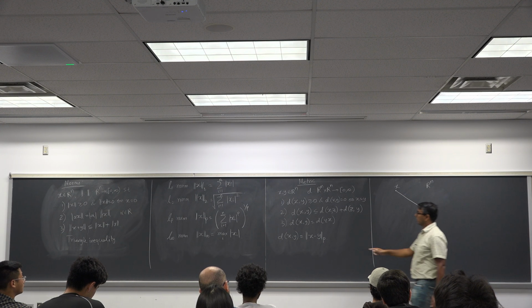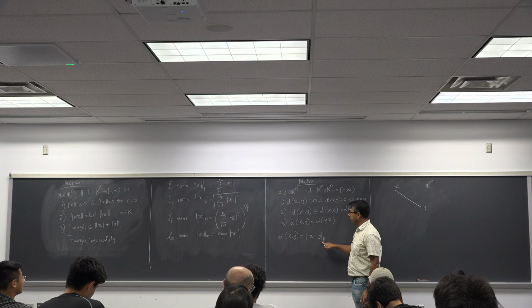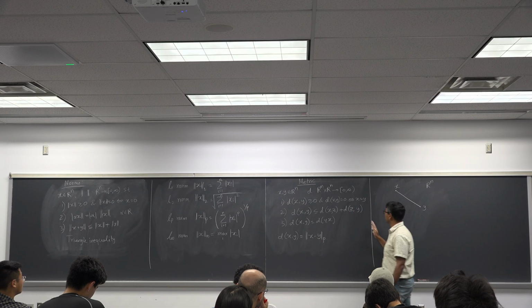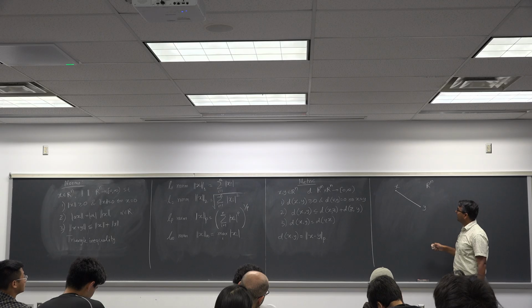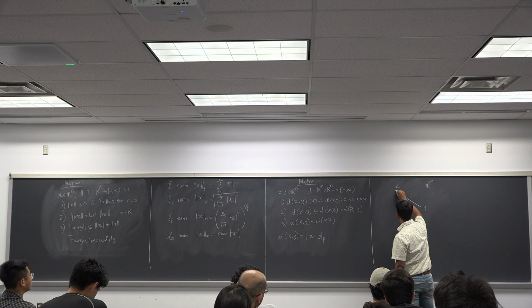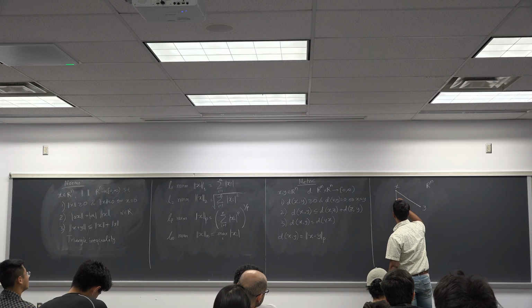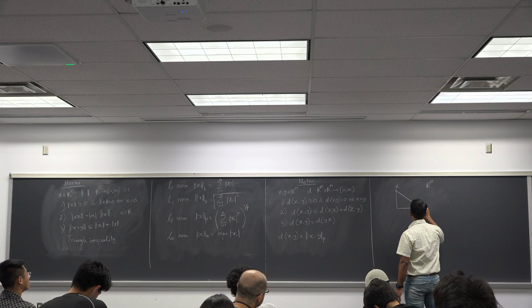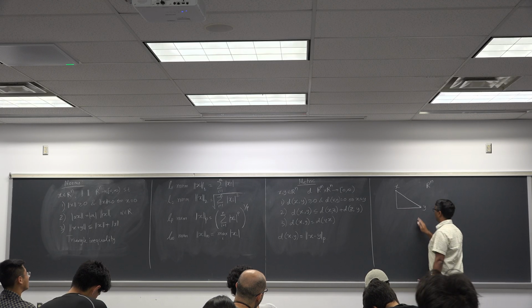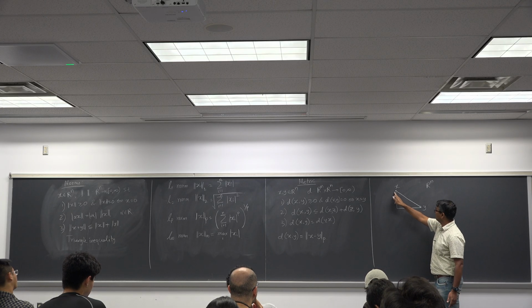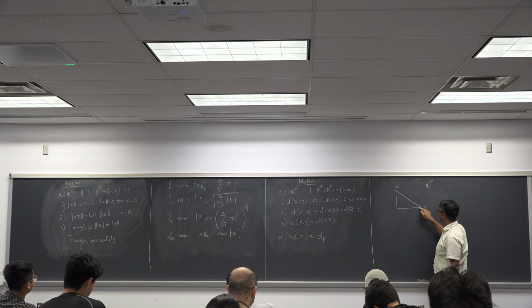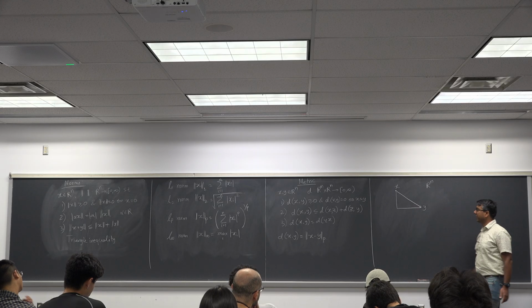But remember that we can pick any p norm. We don't have to stick to the 2 norm. So what is the L1 norm? In the L1 norm, you go from here to here, and then you go straight to y, and you measure this distance, and then you add up this distance, and that gives you the distance between x and y.